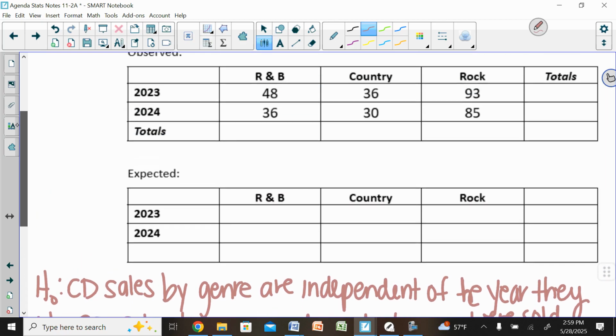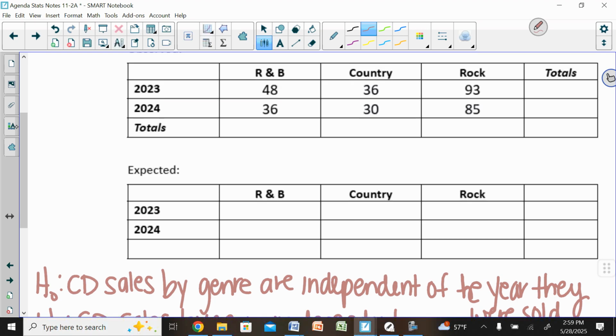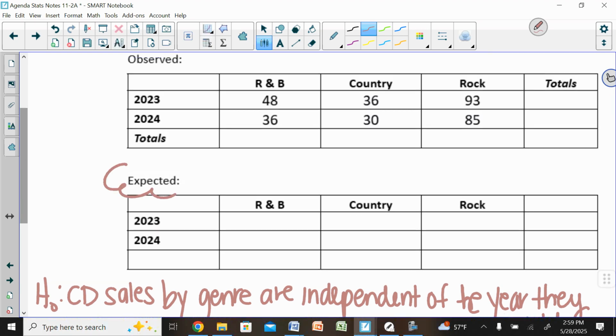All right, so let's calculate our expected. In order to do that, remember, we need to have row and column totals. So let's see, I got to do a little math here. So 2023, it looks like 177 CDs were sold. In 2024, I've got 151. R&B sold altogether in those 2 years were 84, 66 country, and 178 rock.